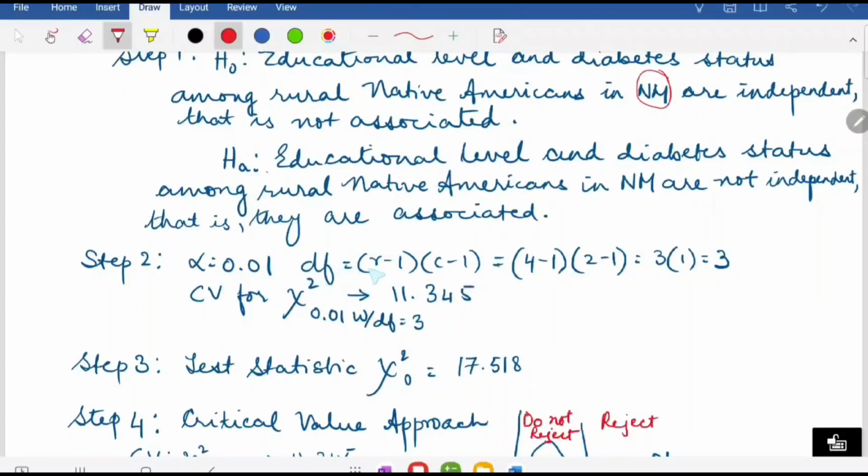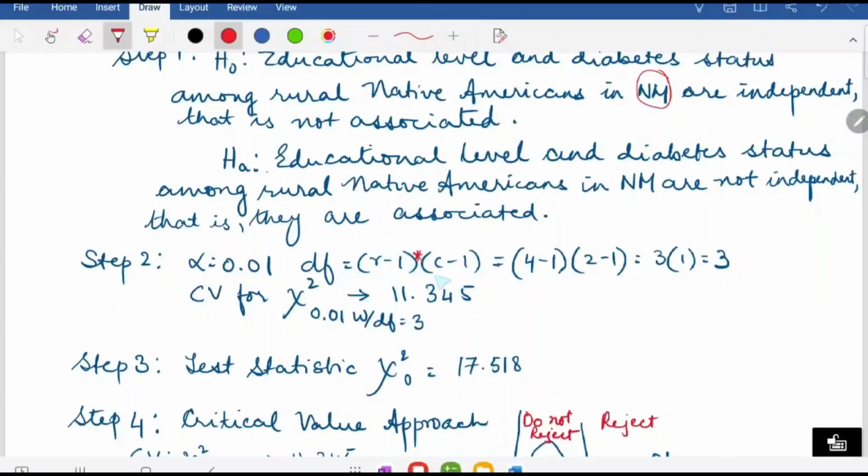Now the formula for the DF is different from the goodness of fit DF, all right, because we again have two variables here. The formula for the DF is row minus 1 multiplied by column minus 1.